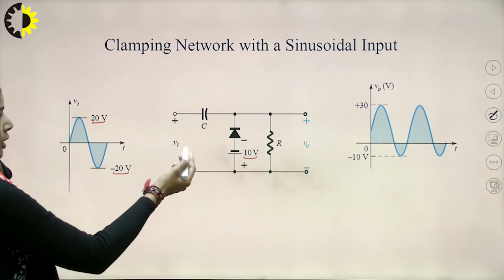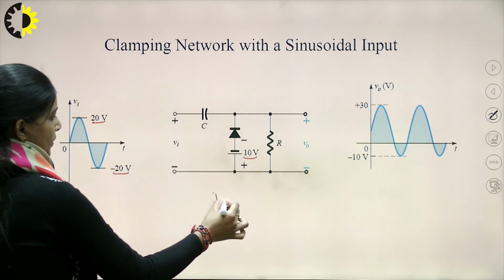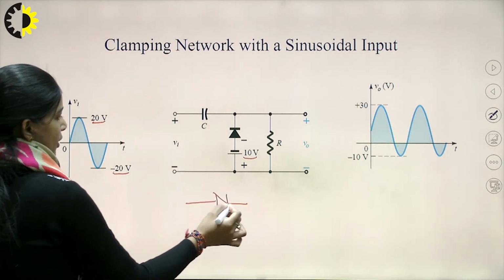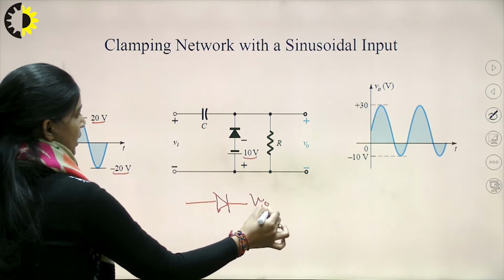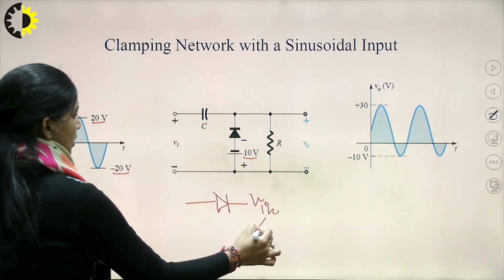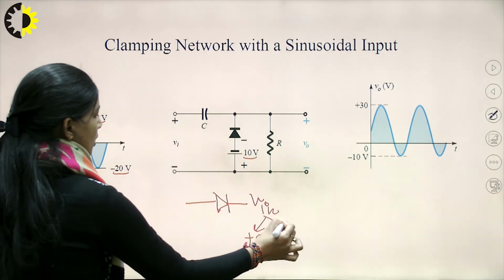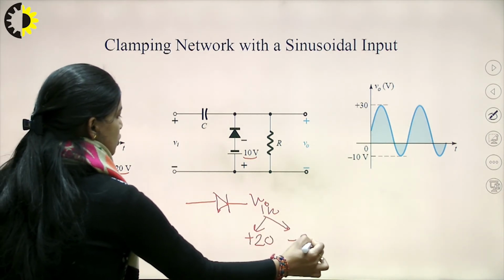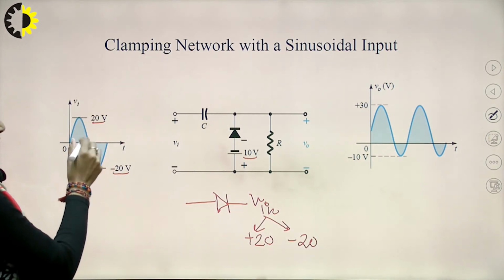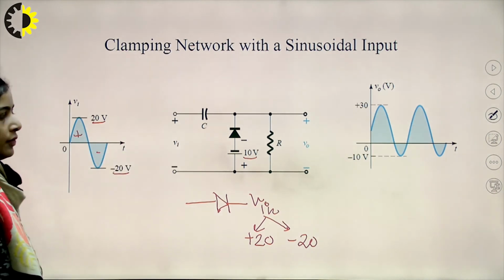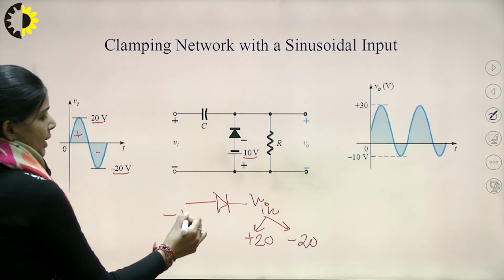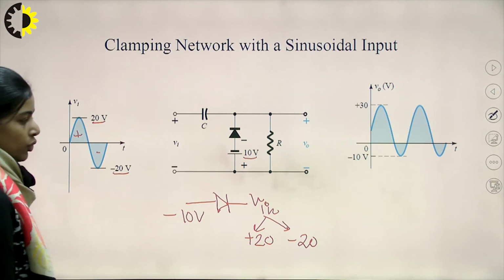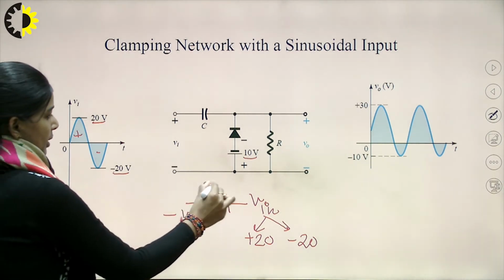For the positive cycle, as this is the diode, this side is connected to V in, which may be plus 20 or minus 20 depending upon the positive or negative cycle of the input. On this side we have minus 10 volts. This is P and this is N.